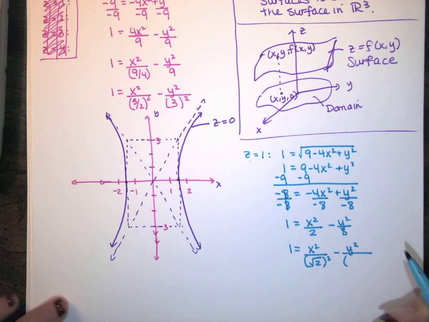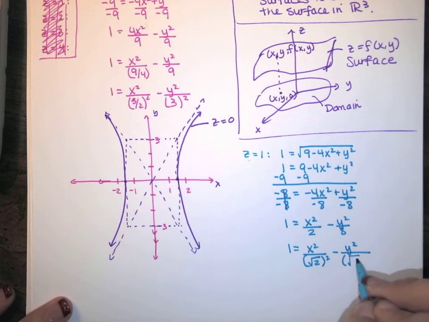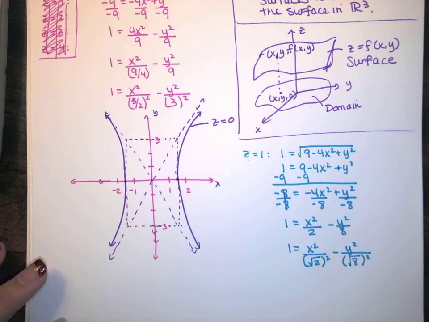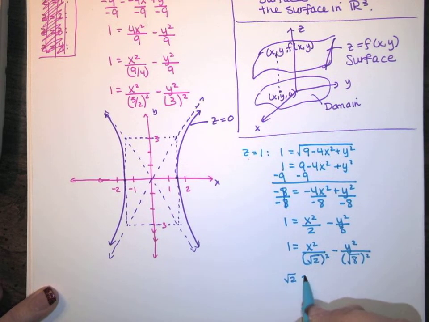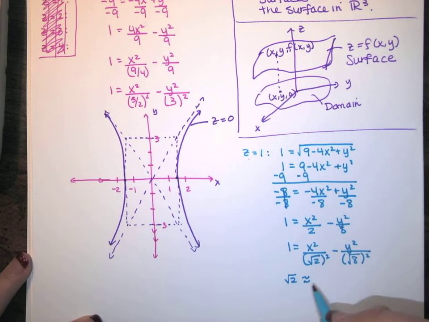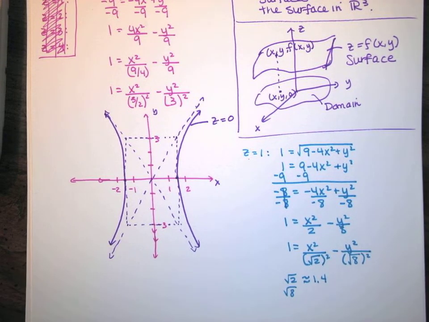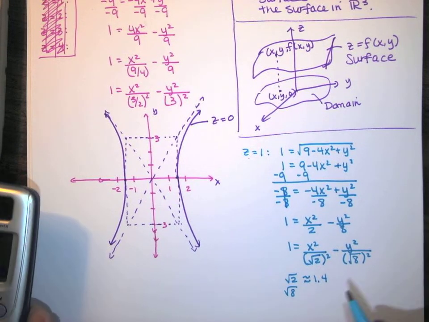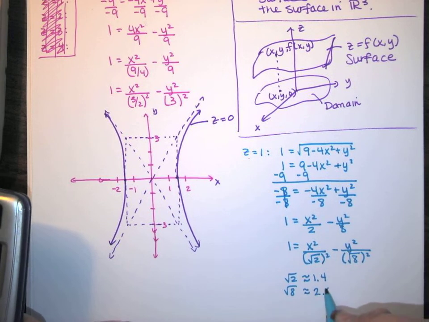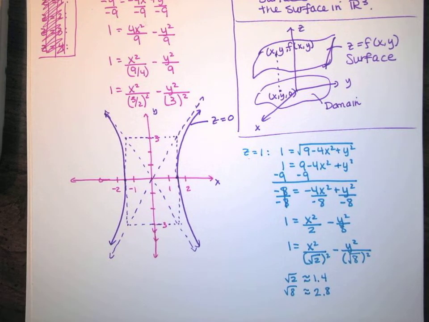I know you could simplify it to 2 root 2, but we're just trying to get a sense of how far to go in the x direction and the y direction. Square root of 2 is approximately 1.4. Square root of 8, I think that's 2.8. Yeah, about 2.8. Okay.